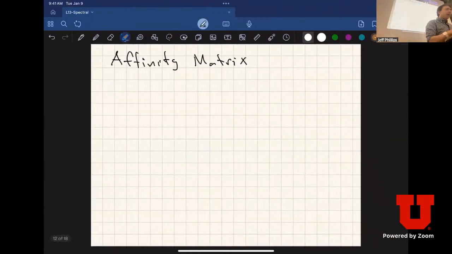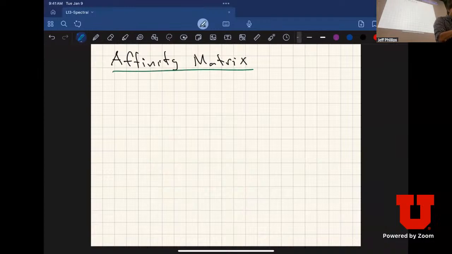Okay. But before I do that, I want to talk about an affinity matrix.